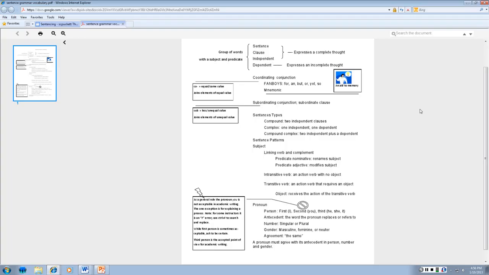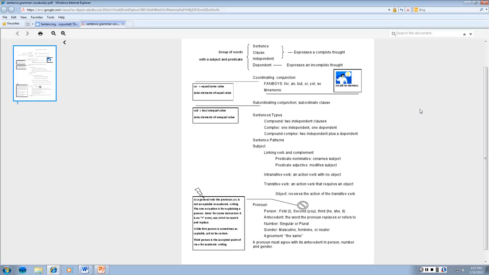Those are the basic sentence types and sentence patterns. Three different types and basically three different patterns with a couple of variations. But the vocabulary is the most important part. Notice at the bottom I've listed pronouns because this is important vocabulary. A pronoun is the word that substitutes for a noun.